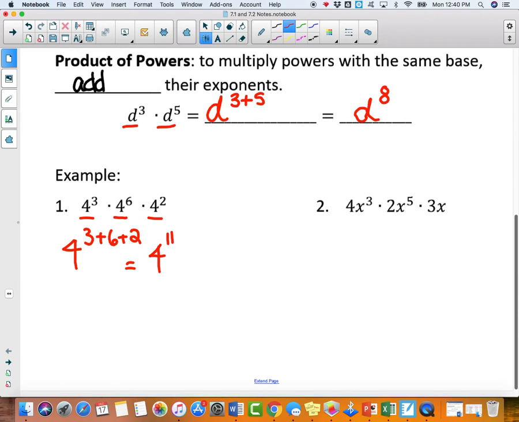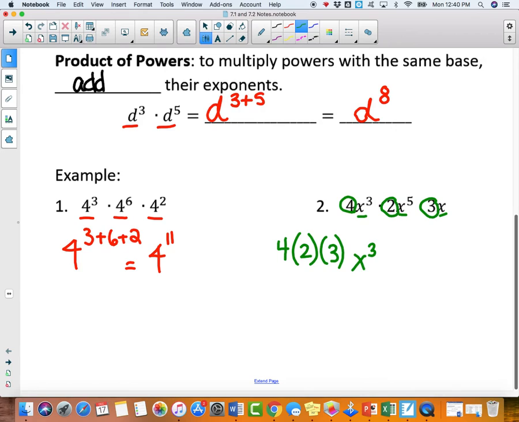Example 2 is a little bit different because the base in these powers are actually the x's. The 4, the 2, and the 3 are actually coefficients. We have to multiply the coefficients, 4 times 2 times 3, and then I can use that rule about when the base is the same, you add the exponents.